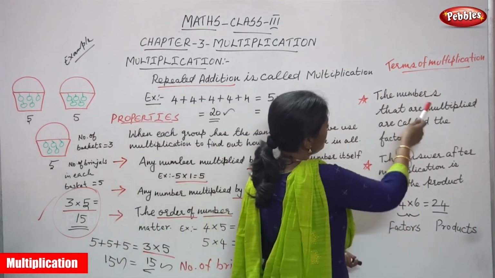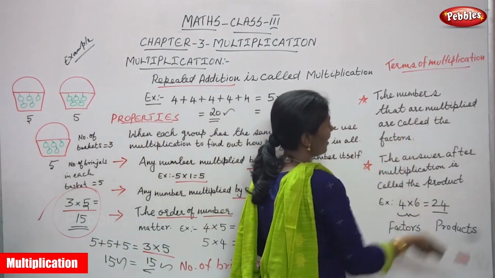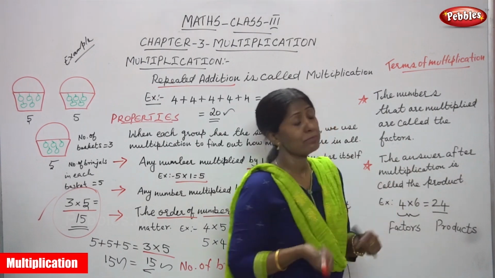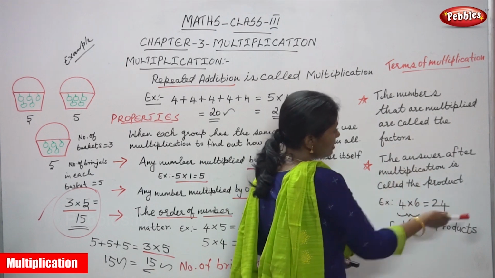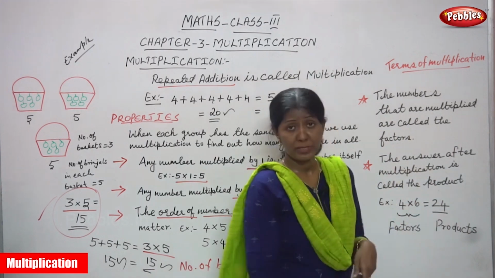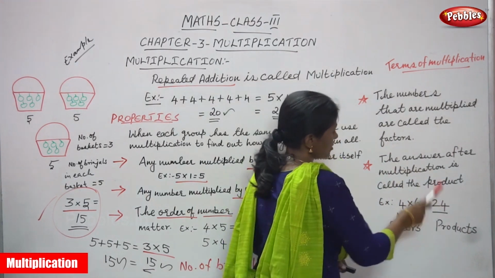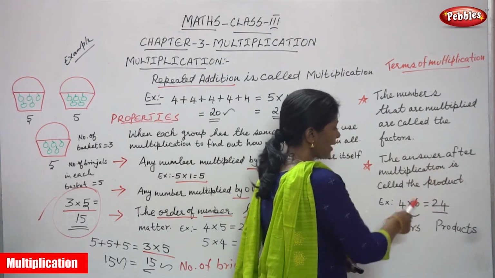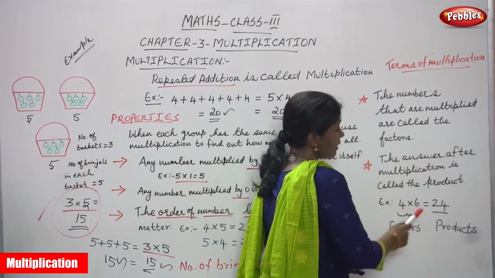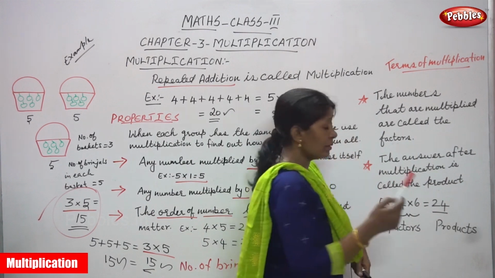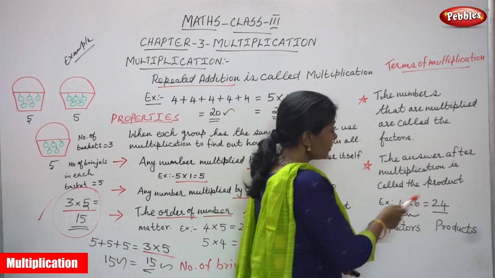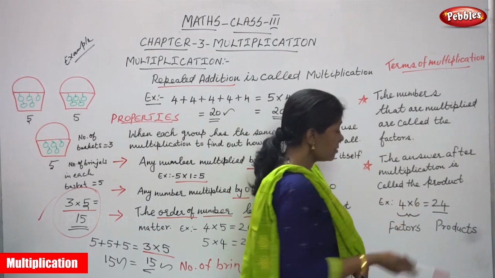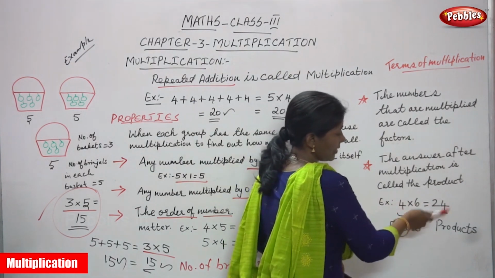The numbers that are multiplied are called factors. Any two numbers that are multiplied are called the factors. The answer after the multiplication is called the product. That means 4 into 6 is equal to 24. So 4 is one number and 6 is another number, these two numbers are going to multiply, so you can get the answer.